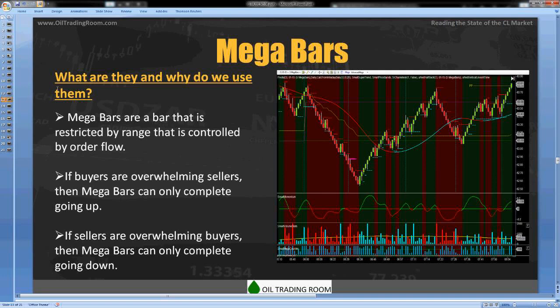This is a problem that traders get into. You're watching 27 things on your screen, your brain's in overload, and you're not trading when you're doing that. You're just getting caught up in analysis. Some people have called it analysis paralysis. And so the idea is to get the absolute minimum amount of information onto your screen that can tell you which way the market is likely to be going.